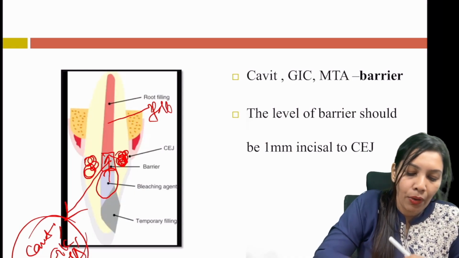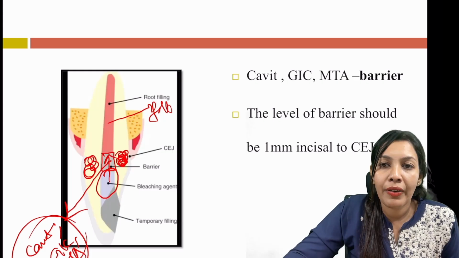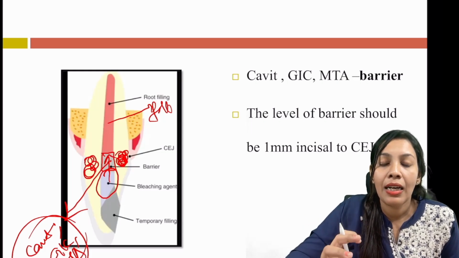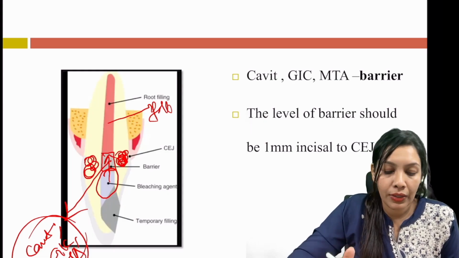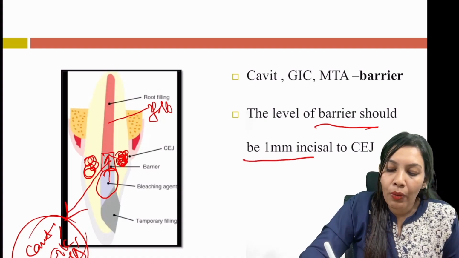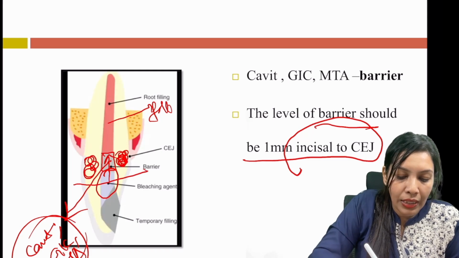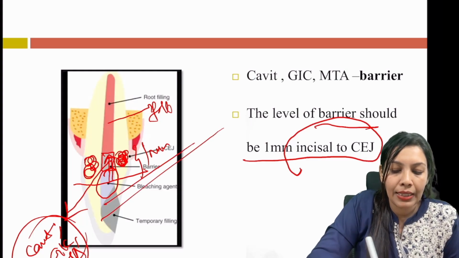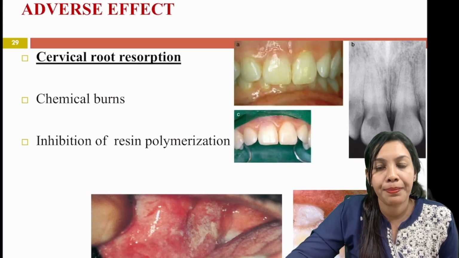This is very important. All these materials are placed on the surface of the gutta percha to prevent leakage of the bleaching agent which we place in the tooth. The level of the barrier should be 1 mm incisal to the CEJ. This is the cemento-enamel junction. It should be placed 1 mm below the CEJ. That is very important. Hope you understood these two important topics.